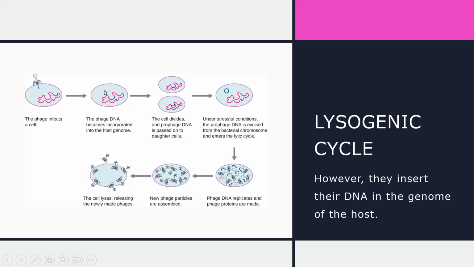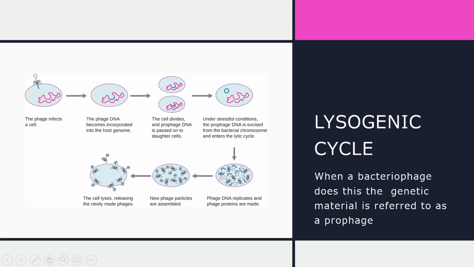And in the lysogenic stage, the actual viral DNA gets inserted into your host DNA. And while in the host genome, as the host cell divides, then the viral genome also divides. So we see that that makes it into 2 cells now instead of just 1. And this will go on as long as cells divide.